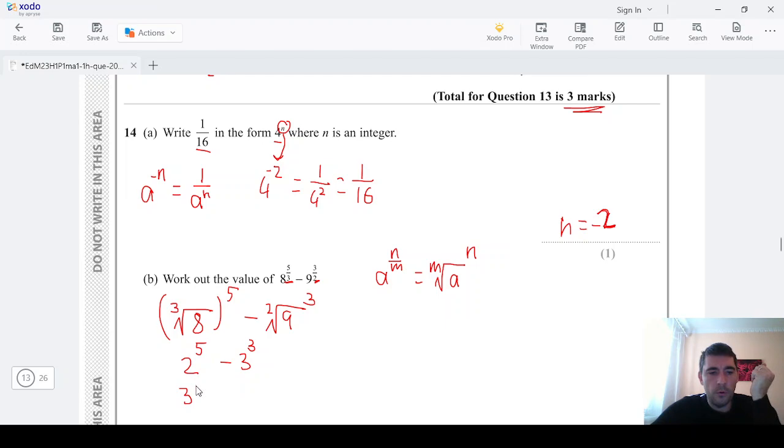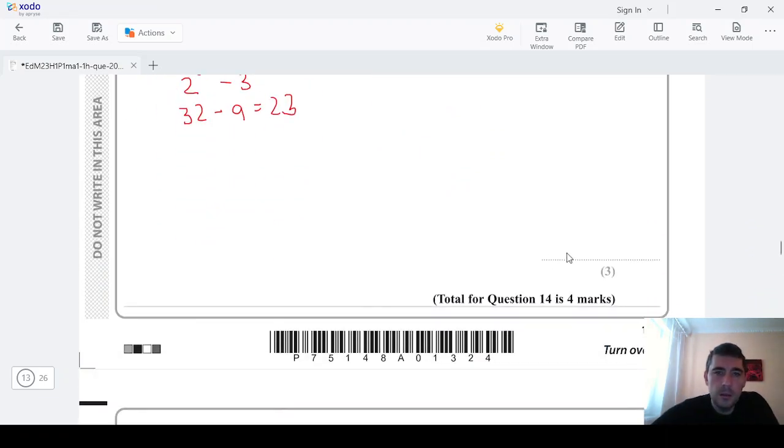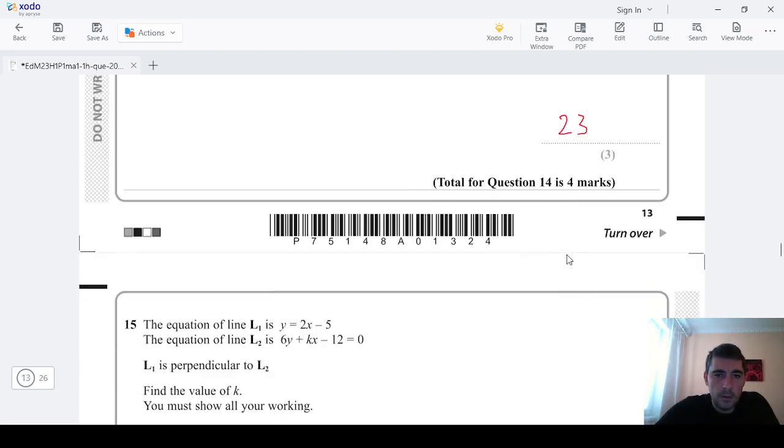So let's do 32, take away 9, work out the answer and get all marks. So 32 take away 9 is 23, and 3 more marks in the exam.